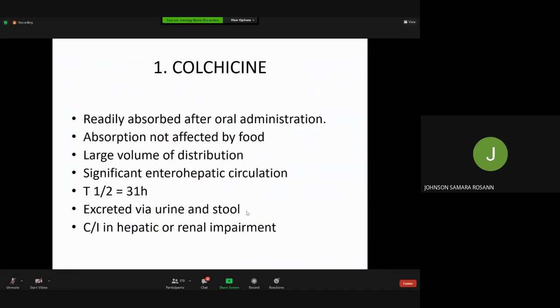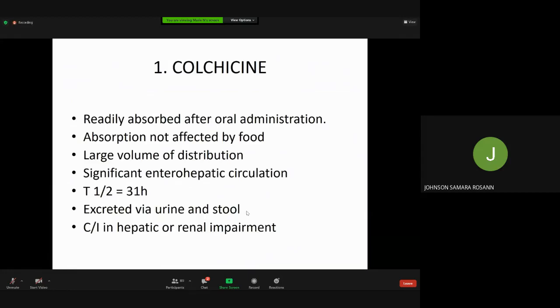Number one, this is actually the first line agent, is colchicine. So colchicine is available as an oral formulation. It's readily absorbed. It can be given with or without food because the absorption is not affected by food. In terms of the other pharmacokinetics, it has a large volume of distribution.